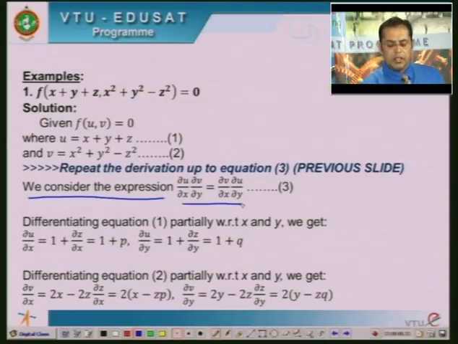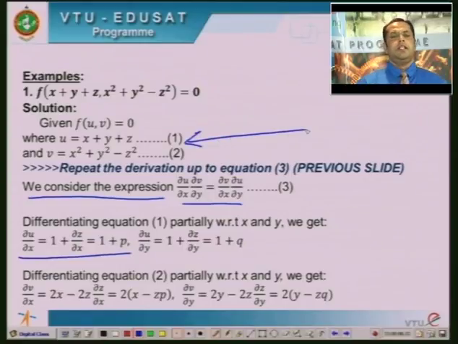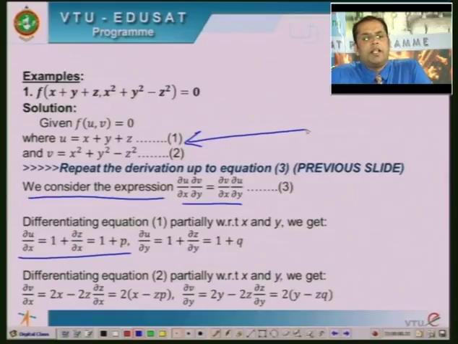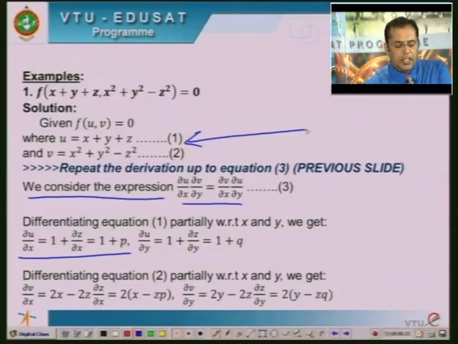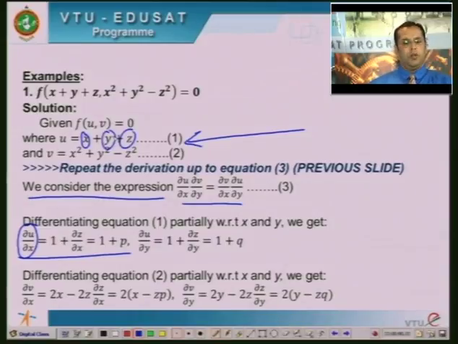So, to find these 4 derivatives, we go to equation 1 first, differentiating equation 1 partially with respect to x and y. We get first, u equal to x plus y plus z gives you dou u by dou x on the left side; on the right side x is 1, y is 0 and z is dou z by dou x, that is what is written here.